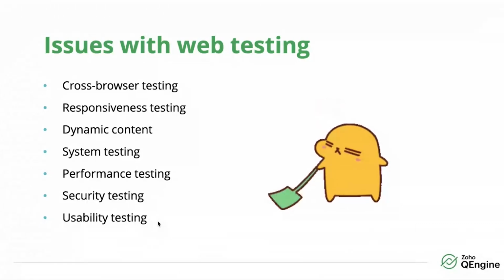So that is tested during usability testing. So these are the different issues with testing a web application, because all of this testing is very, very important. Of course, there are other testing as well. I have listed a few important ones here to ensure that whenever a web application is opened by the end user, it works flawlessly.